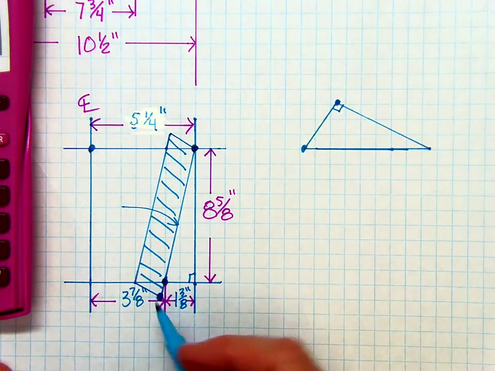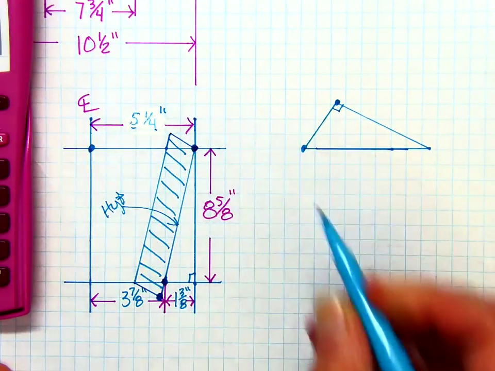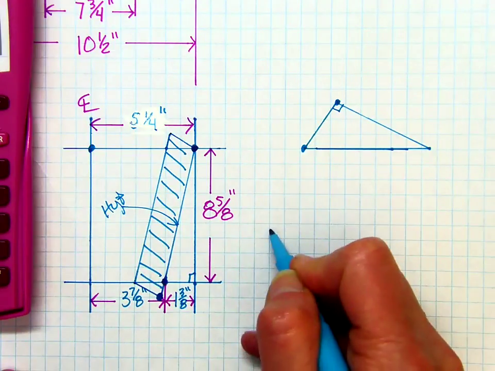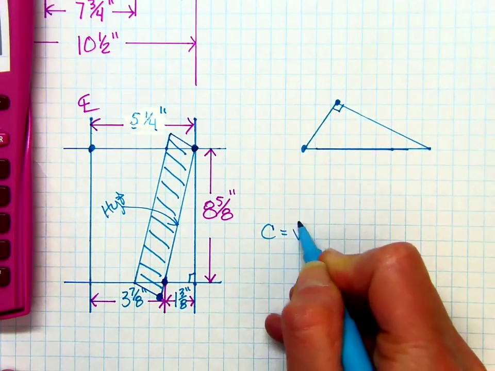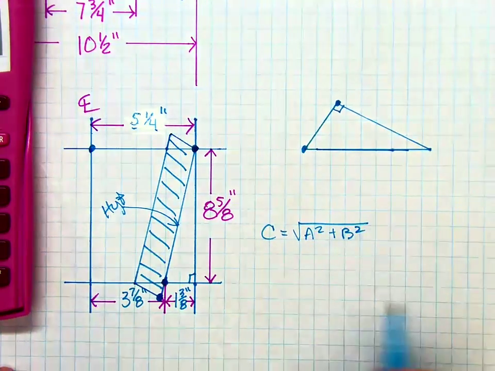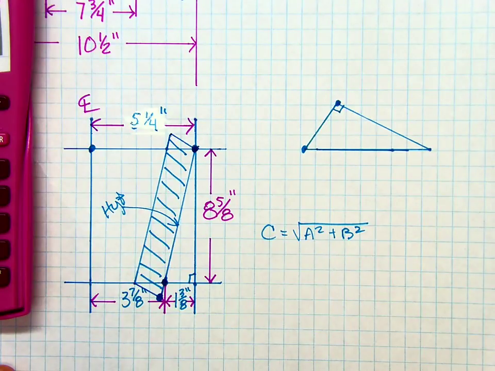All right, so we said that we could figure out this hypotenuse through the Pythagorean Theorem, and this would be the c side, right? So if we take the square root of a squared plus b squared, that's going to give us this dimension, okay?